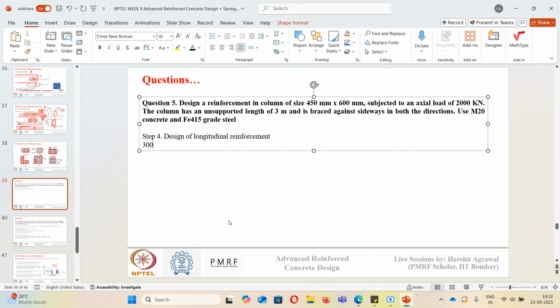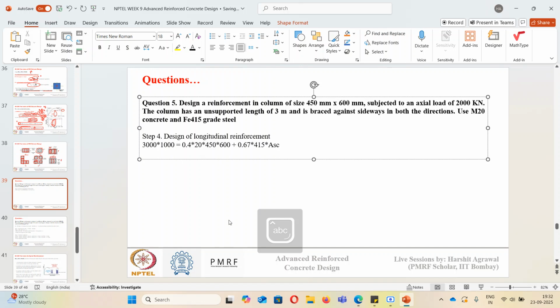So 3000 into 1000, that is my Pu, is equal to 0.4 into 20 into 450 into 600 plus 0.67 into fy 415 into Asc. So when you do this calculation, Asc will come out to be 3000 mm square.